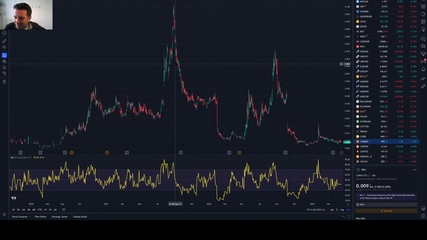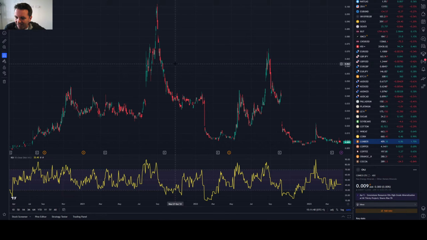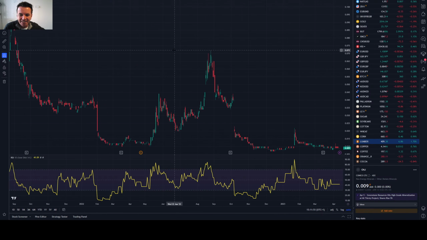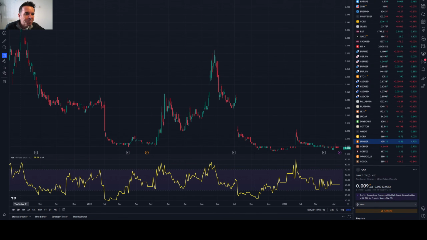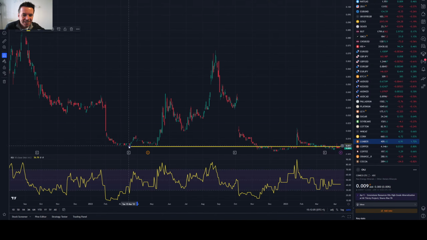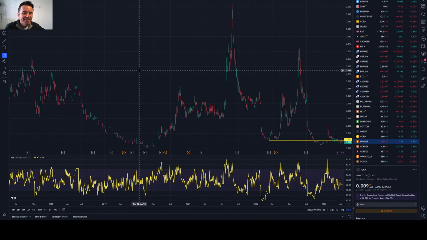So clearly it's a bit of a punt, trading at 0.009 of an Aussie dollar. I look at a chart there and I go look at something else, because it's clearly quite illiquid. You could make the argument it is sort of bouncing around the old lows down here. But I think it either goes to the moon or you lose all your money sort of stock. So good luck with it. Whatever you want to do with it.